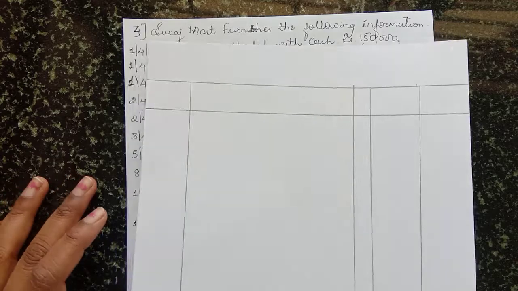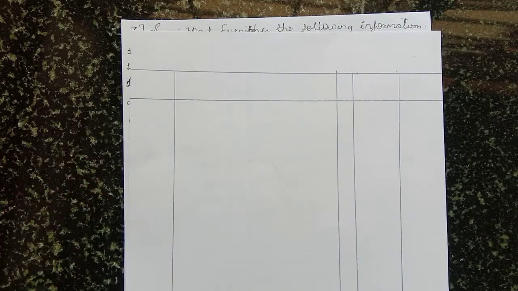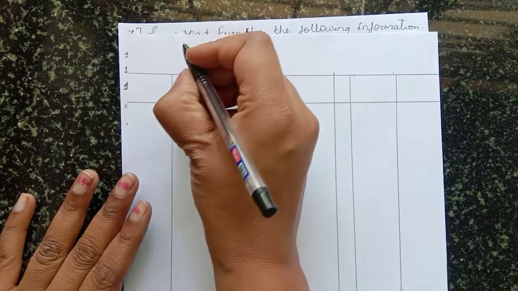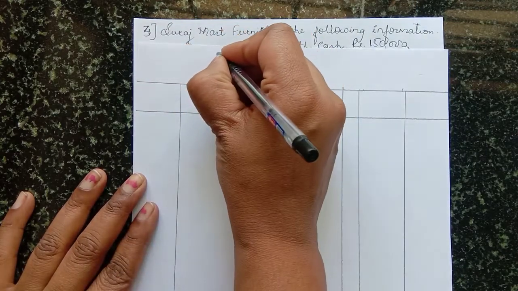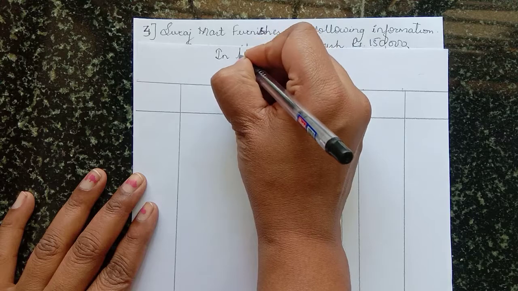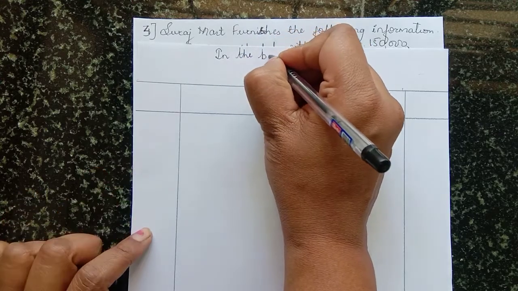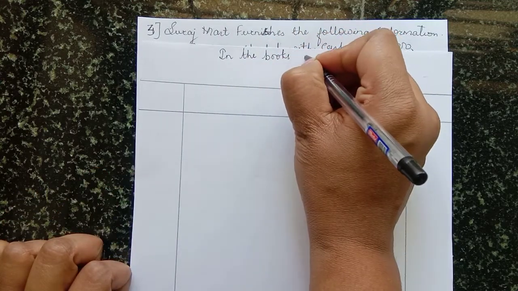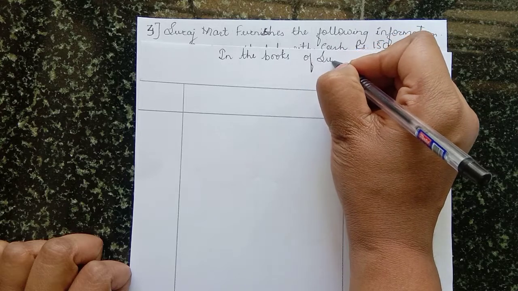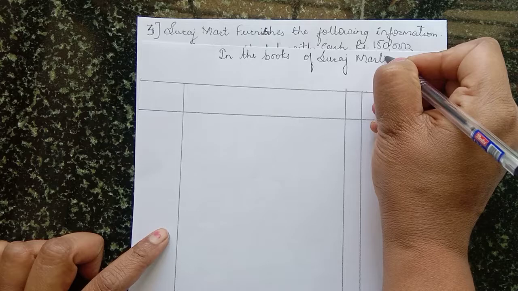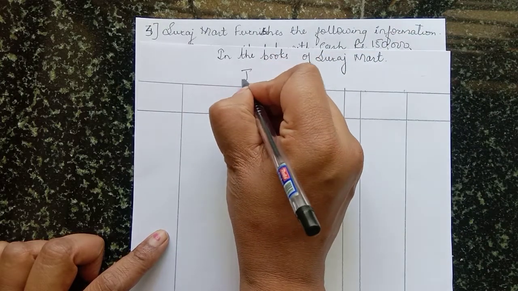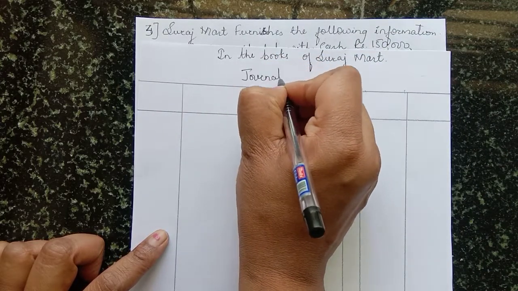Before that, here is the format of journal. How to write? Who is the owner? Suraj Mart. Write in the books of Suraj Mart. Next line you have to write journal entries.